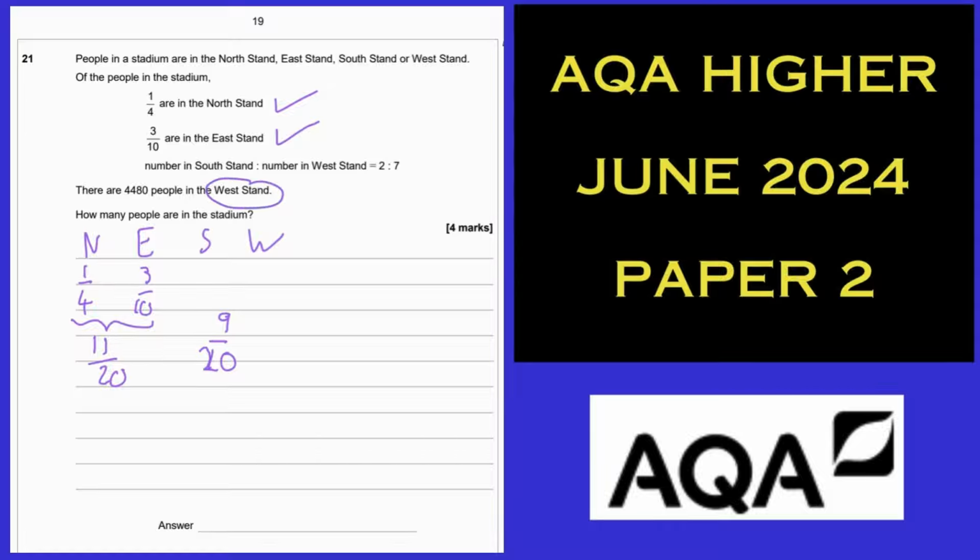So the west stand is 9/20 of 7/9 of an unknown number of people, and that's worth 4,480. Grab your calculators. 4,480 divided by 7/9 divided by 9/20 gives you 12,800 people for the attendance.